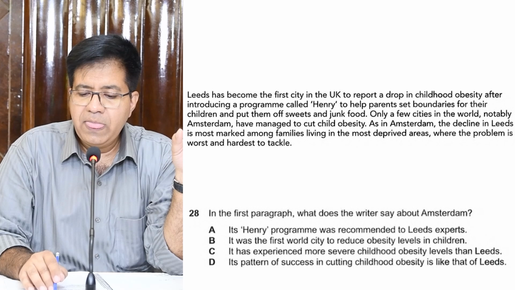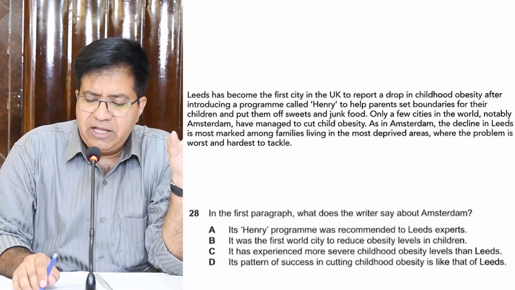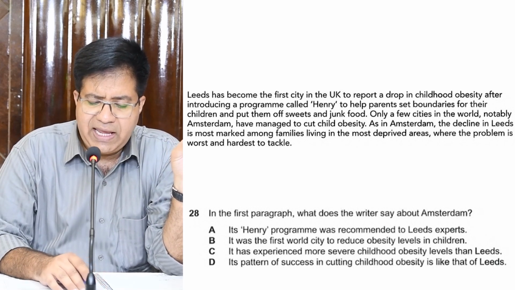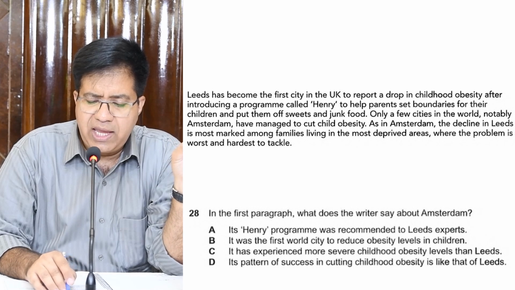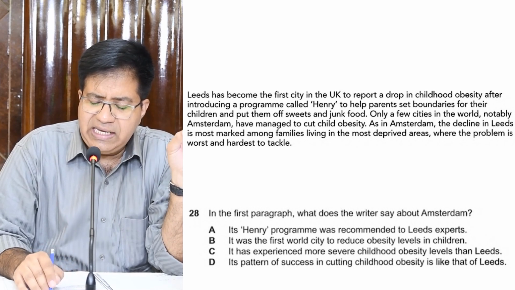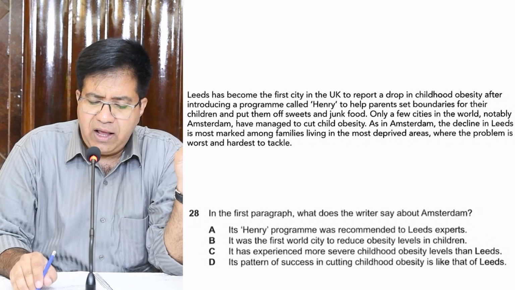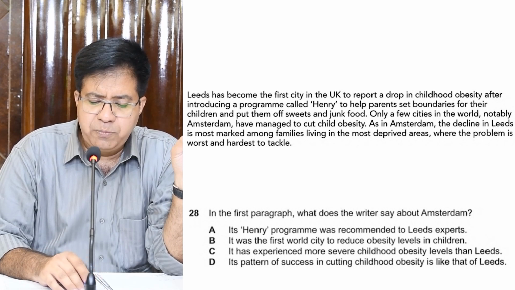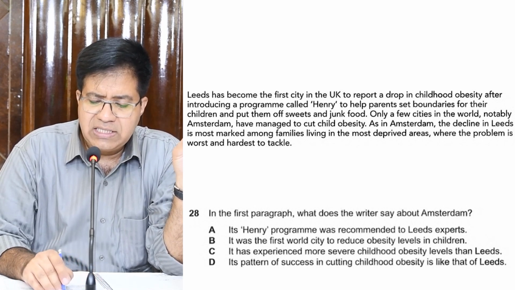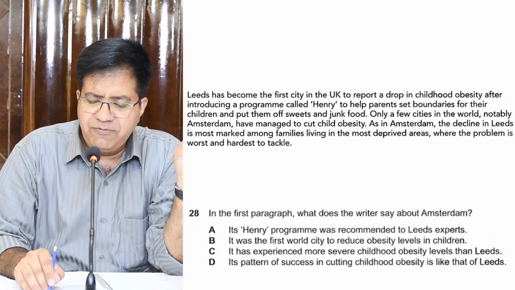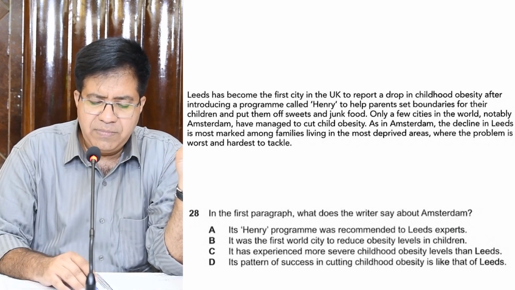Okay, now please follow. Only a few cities in the world, notably Amsterdam, have managed to cut child obesity. As in Amsterdam, the decline in Leeds is most marked among families living in the most deprived areas where the problem is worst and hardest to tackle.